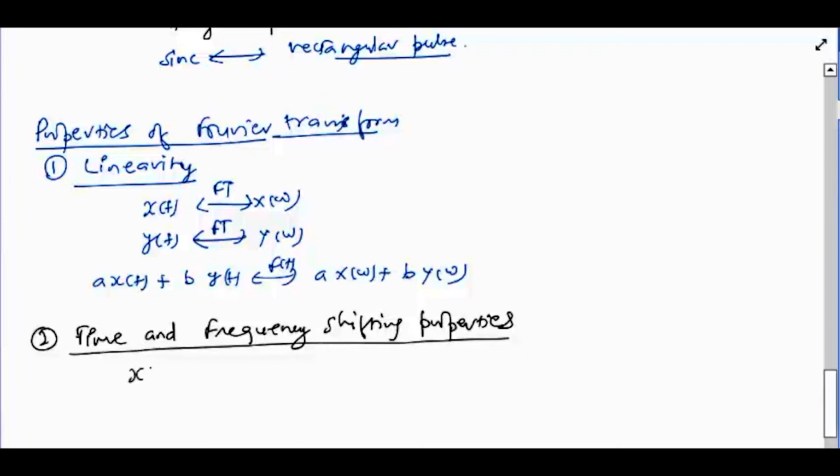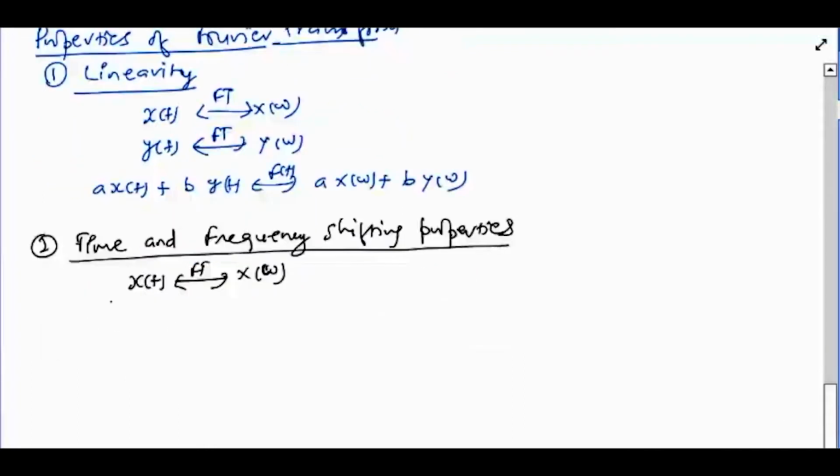It says that if xt has Fourier transform X omega, then a shifted version of xt, that is xt minus t naught, will have Fourier transform e raised to minus j omega t naught X omega.